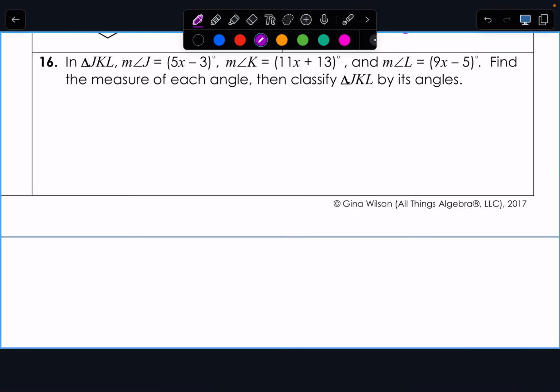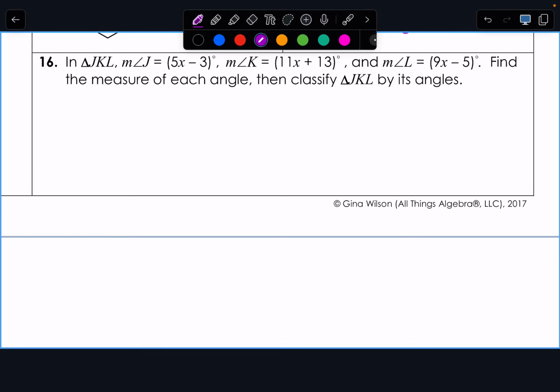So let's look at number 16. If I want to classify triangle JKL by its angles, what am I going to have to do? Well, the first thing we do is we better solve for x. Truman, how are we going to do that?